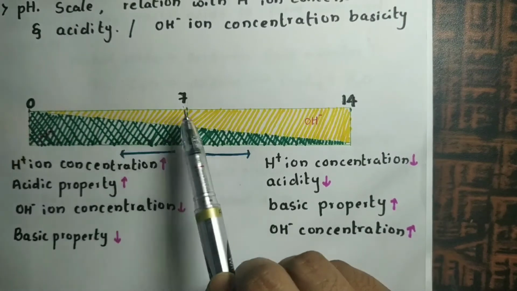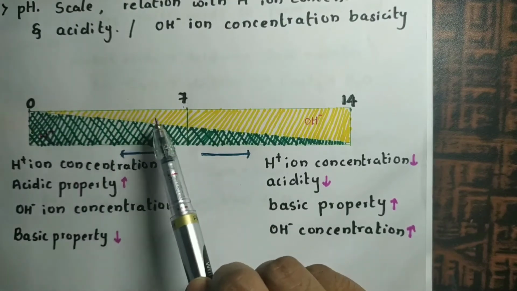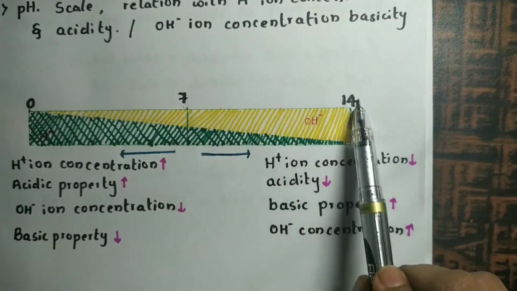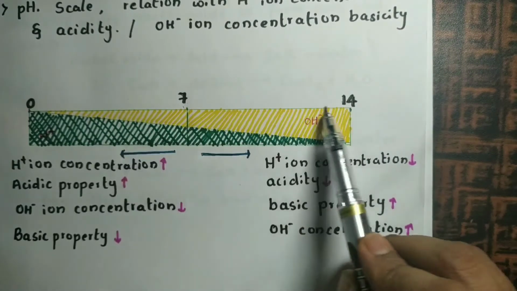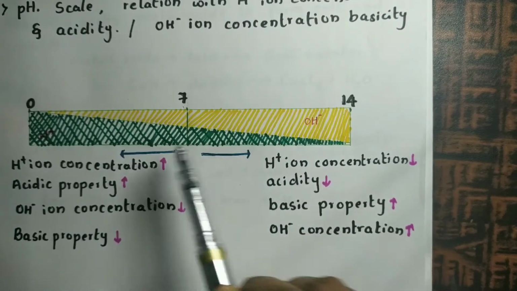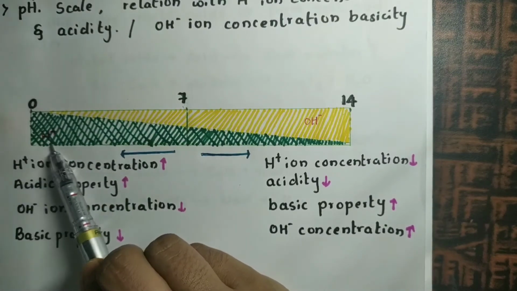From 0 to 7 the solutions having the pH between 0 to 7 will always be acidic, and the solutions which have the pH between 7 to 14 are basic in nature. You can see the yellow color will indicate the concentration of OH minus ions and the green color will indicate the H plus ion concentration.